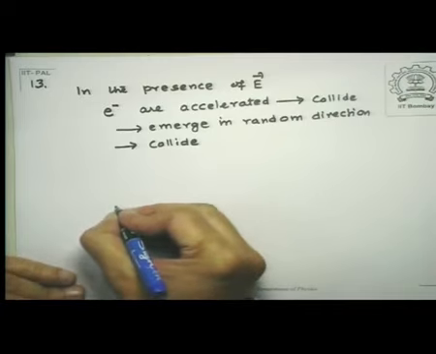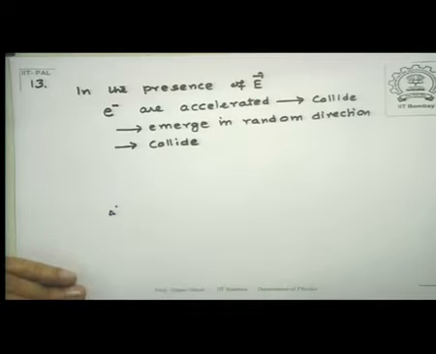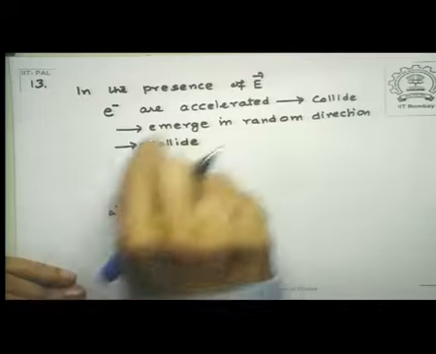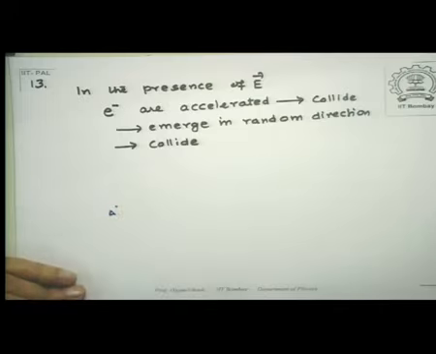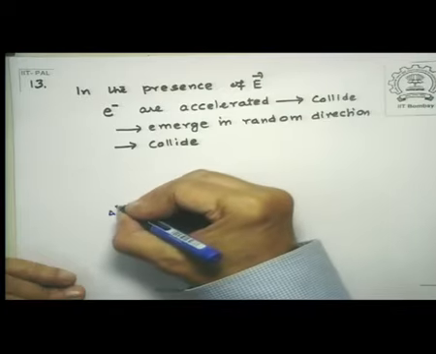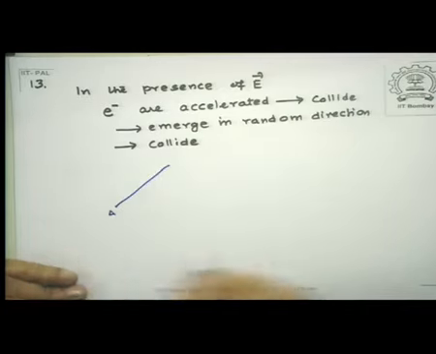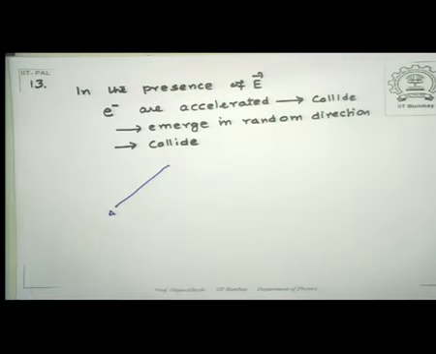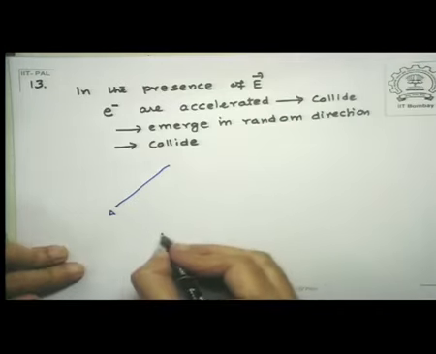Supposing my electron was at this point A. I will not show the location of an atom because it will clutter up the figure, but let us suppose the electron went there. Let me also show the direction of the electric field to be given by this.